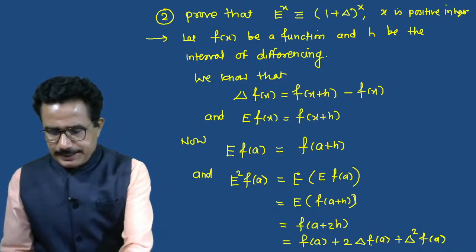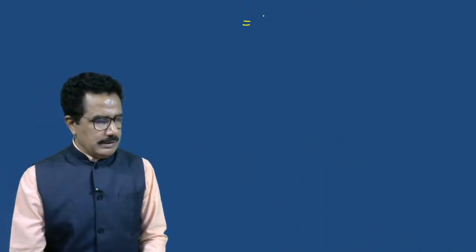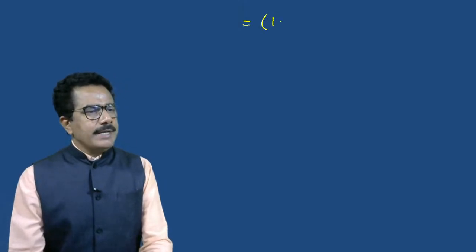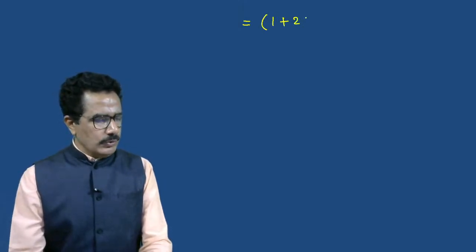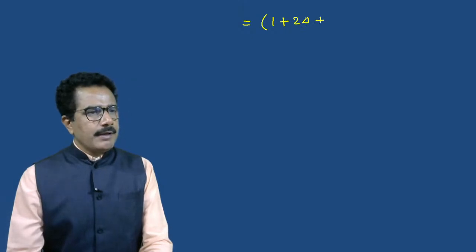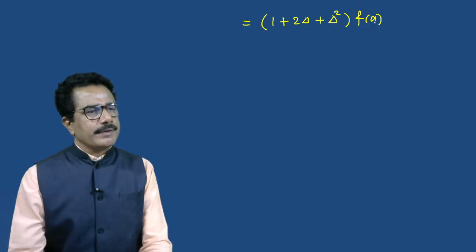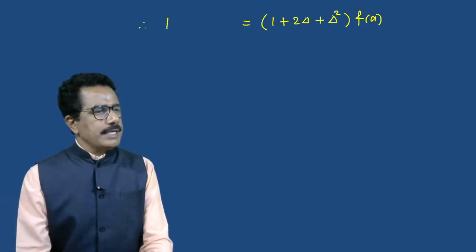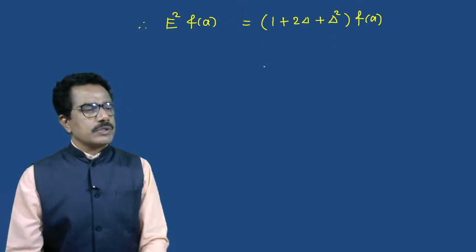So this can be written as 1 plus 2 delta plus delta square of f of a. So we get the result E square f of a, which is equal to this.